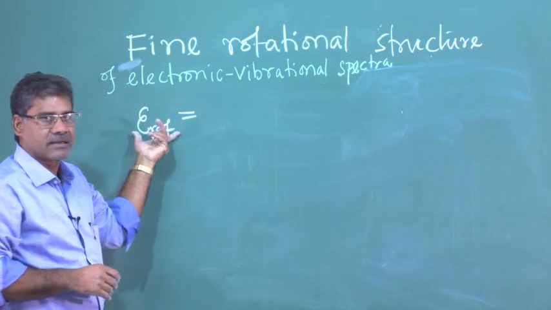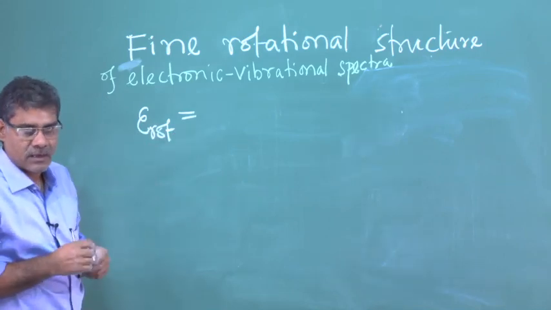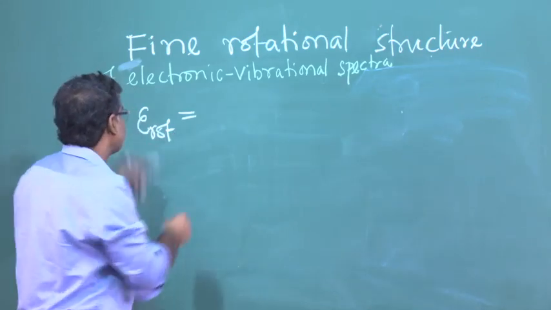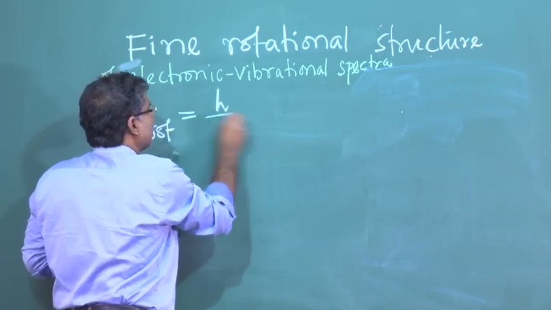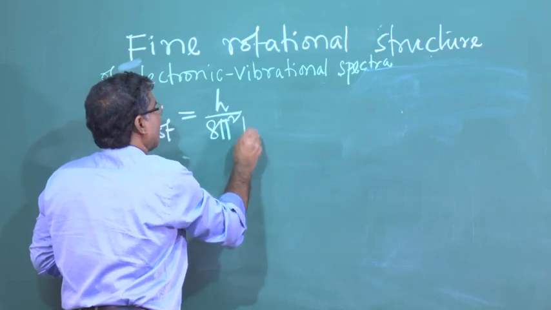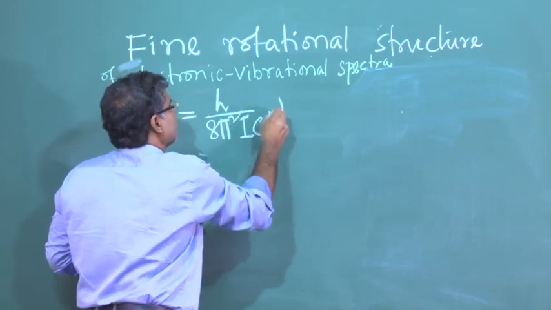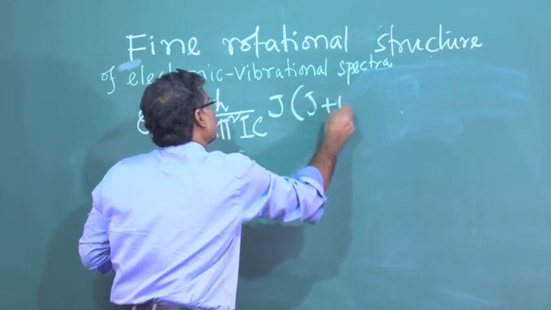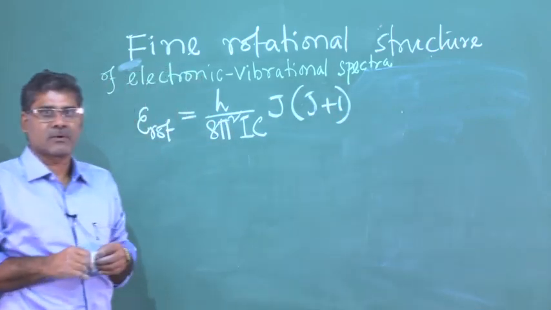These rotational energy levels are in centimeter inverse. This you know: h by 8 pi square I c, J into J plus 1.